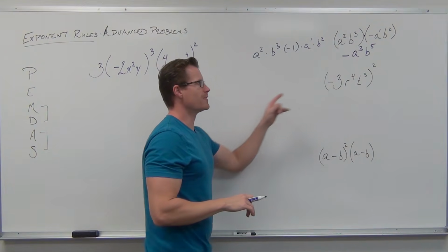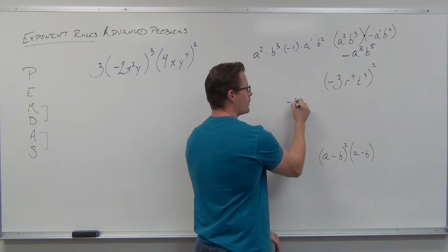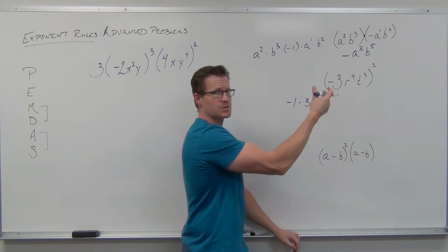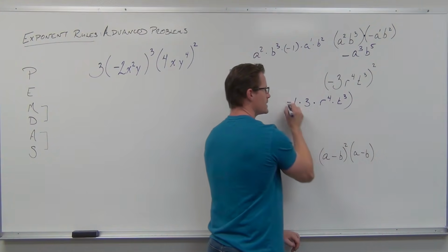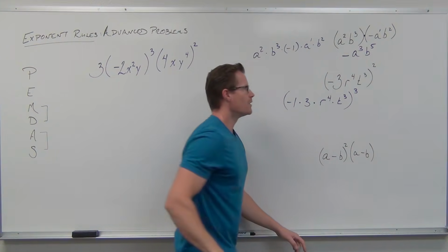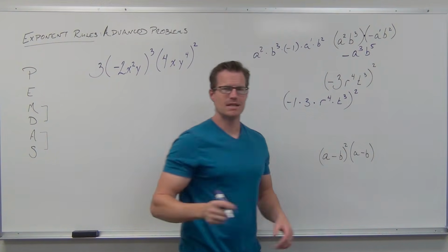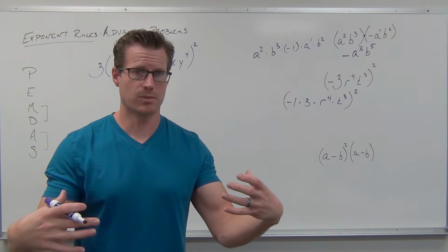Next example, I very much would love it if you would separate that negative. Now, the first operation that we see here is exponents. Now, when we deal with this, I know I gave an example where we didn't write an exponent above a number. That's because when you're dealing with exponents, those things have to distribute to everything that's being multiplied together.